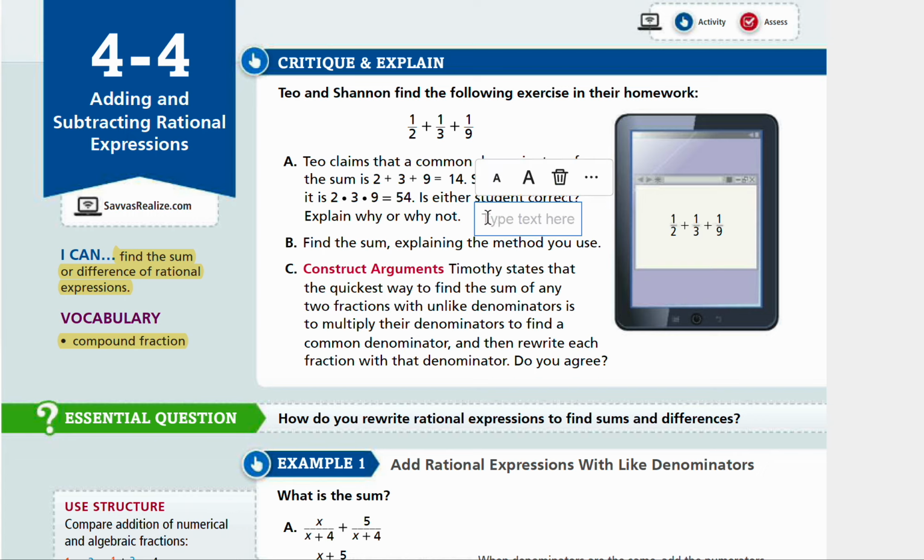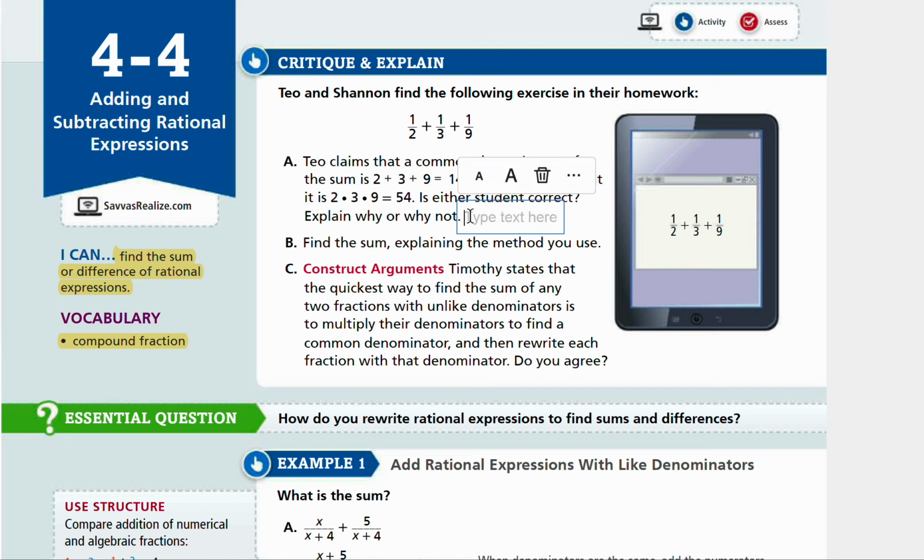Shannon, right? Obviously, because a common denominator means you need to multiply the denominators in order to make a common denominator that has the same factors as the ones we originally have. If we add them, there's no way we can rewrite these fractions into equivalent fractions, and it doesn't work that way.